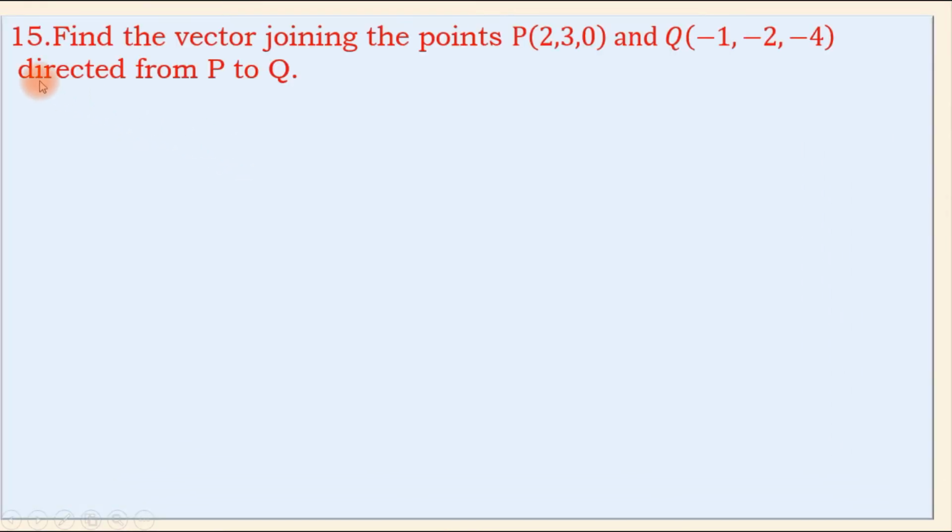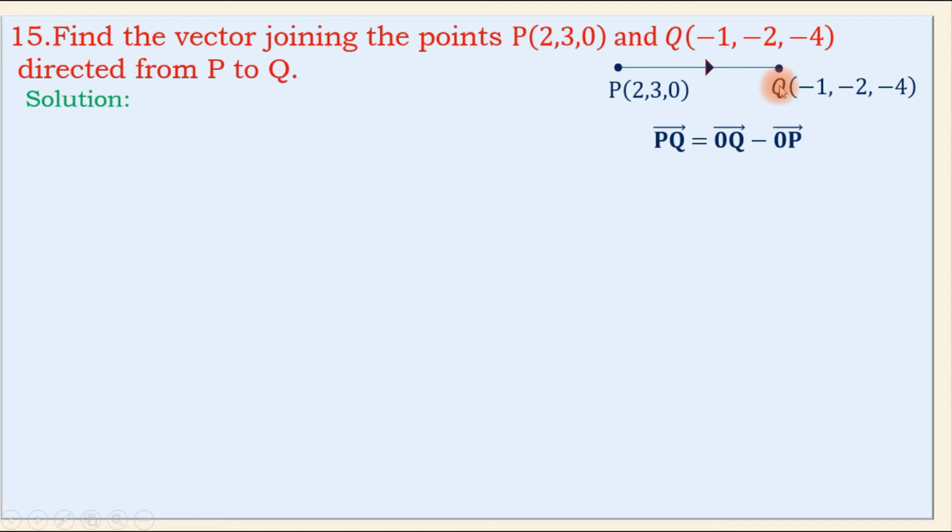Next, problem number 15. Find the vector joining the points P of 2, 3, 0 and Q of minus 1, minus 2, minus 4 directed from P to Q. Now take a vector directed from P to Q, that is PQ vector can be taken as OQ vector minus OP vector. So we know that the vector joining two points can be taken as position vector of terminal point minus position vector of initial point.